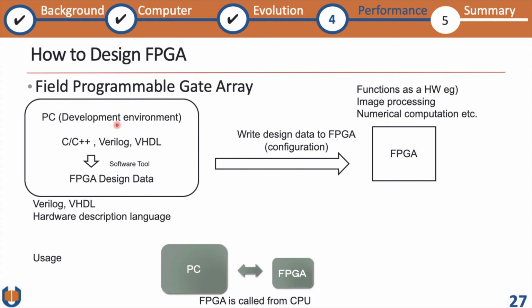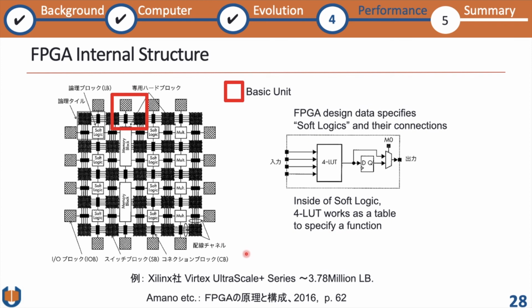Once you write your hardware description language, you can write it down to the FPGA board. Once you make this design, the FPGA is ready to serve you the specific task. For example, you make an arithmetic logic unit and embed it into the FPGA, and that FPGA is ready to serve you as that.